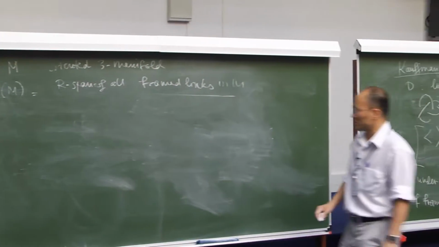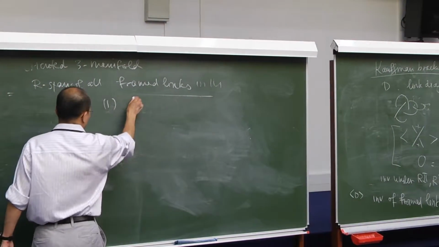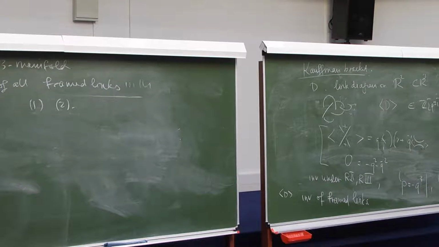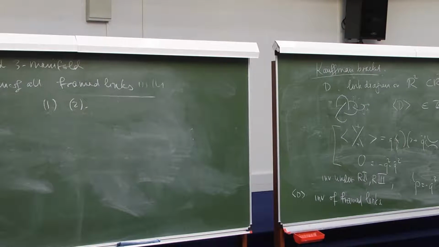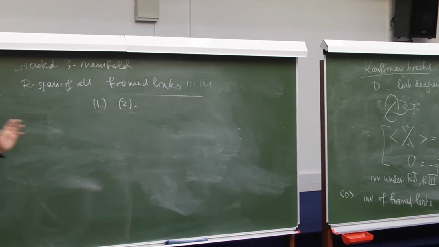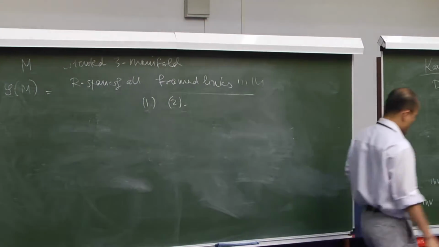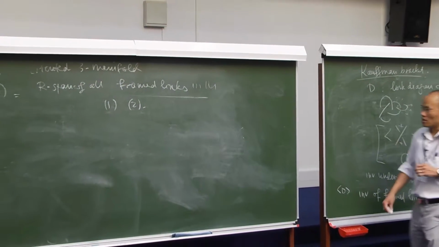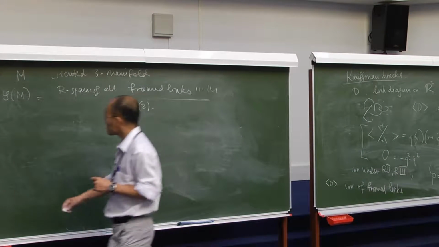You get a big space, a module over the ground ring R. And that is called the Kauffman bracket skein module of the three-manifold M.